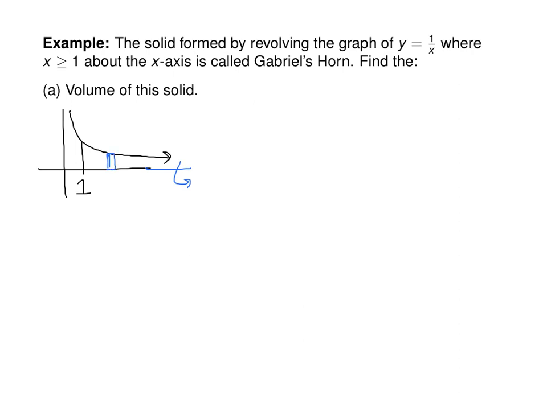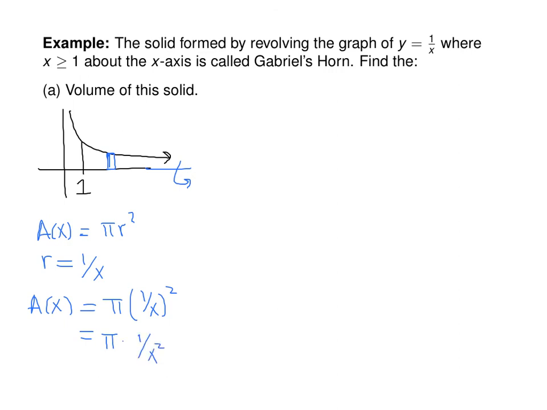So my cross sections are going to be circles. The area of my circle will be pi r squared, and in this case my r is equal to 1 over x. So the area of my cross section is pi times 1 over x squared. Now to find the volume, I will add them all up.